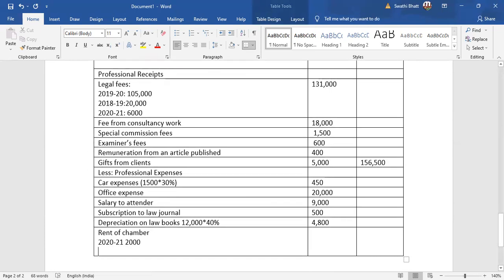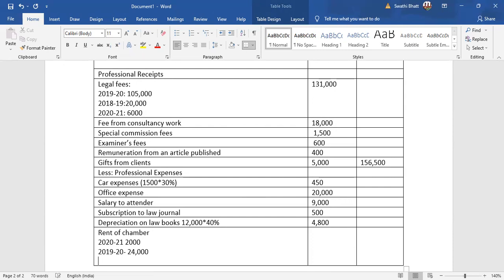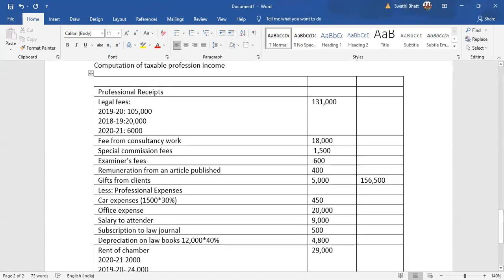The next one is 2019 and 20, and the amount is 24,000. And 2018 and 19, and the amount is 3,000 rupees. So you can add all of these together, and the total will be 29,000. And you write it over here.